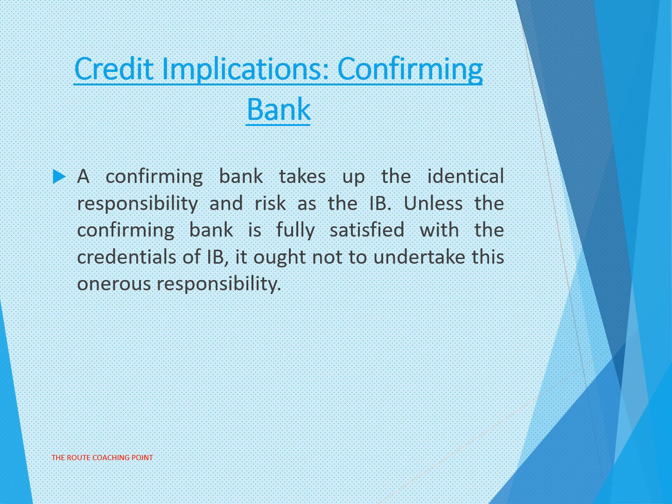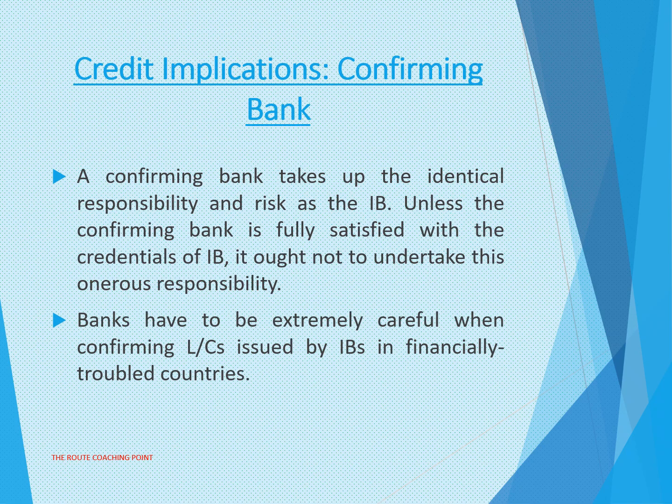Now, the confirming bank takes up the identical responsibility and risk as the issuing bank. Unless the confirming bank is fully satisfied with the credentials of the issuing bank, it ought not to undertake this onerous responsibility. Banks have to be extremely careful when confirming LC issued by issuing banks in financially troubled countries.